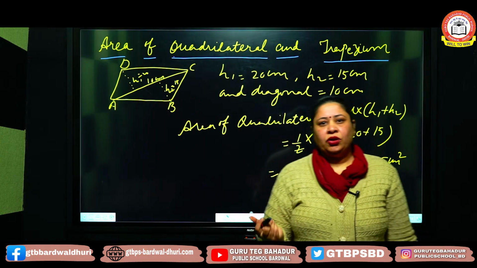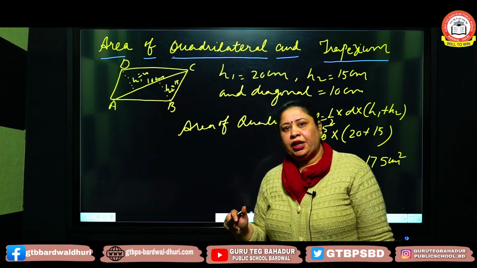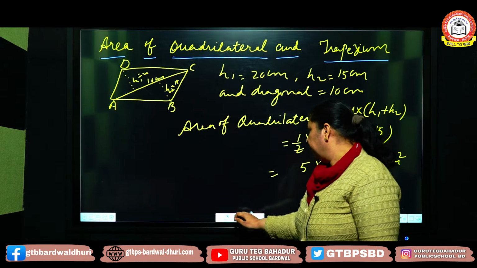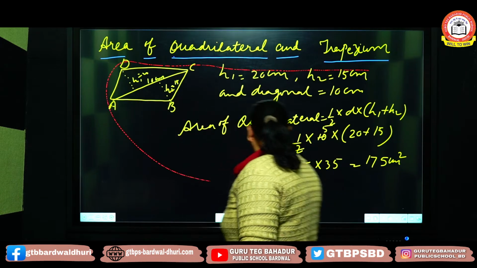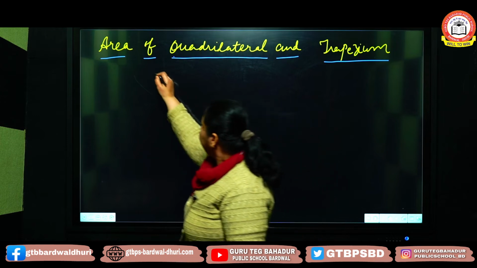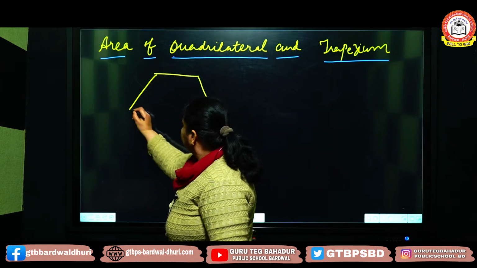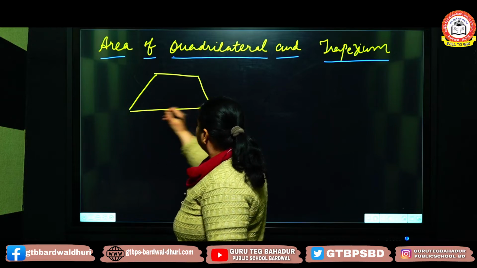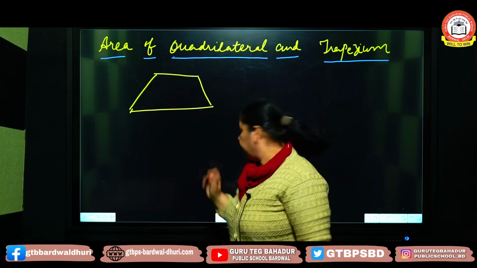So now I will tell you how we can find the area of a trapezium. A trapezium is a special type of quadrilateral. Let us draw one trapezium. It is a trapezium.